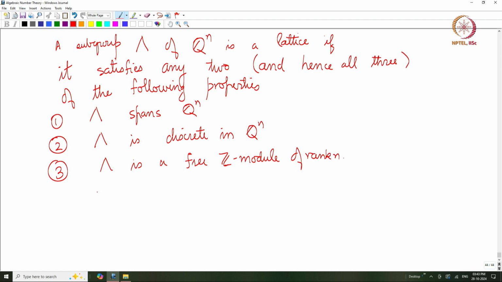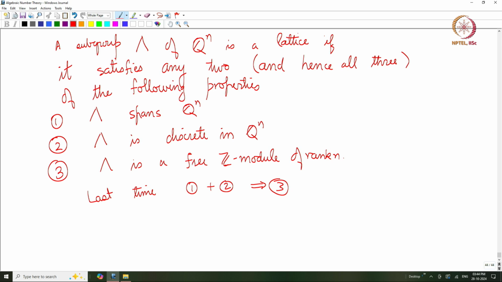So, last time we proved 1 plus 2 implies 3, and I said 2 plus 3 implies 1 and 1 plus 3 implies 2, those two are exercises. Okay. So, I am not going to recall anything about it.